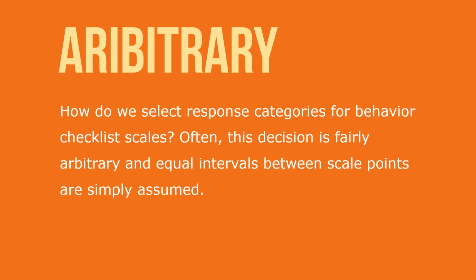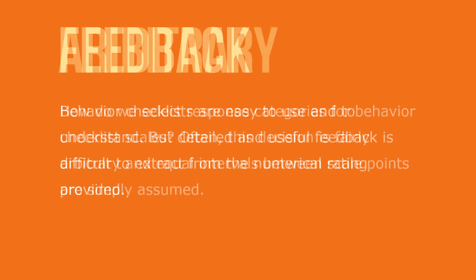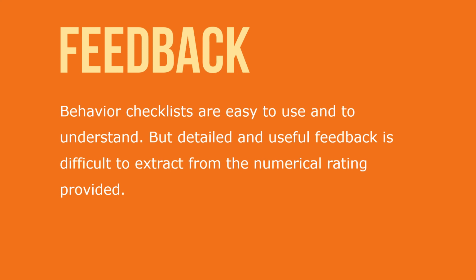Often, this decision is fairly arbitrary, and equal intervals between scale points are simply assumed. Behavior checklists are easy to use and understand, but detailed and useful feedback is difficult to extract from the numerical rating provided. Overall, however, the practical advantage of checklists probably accounts for their current use.